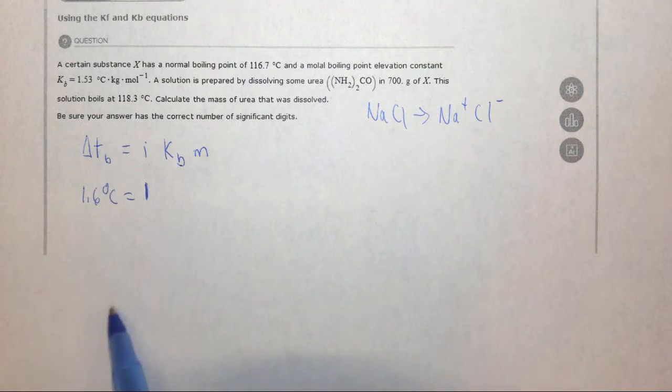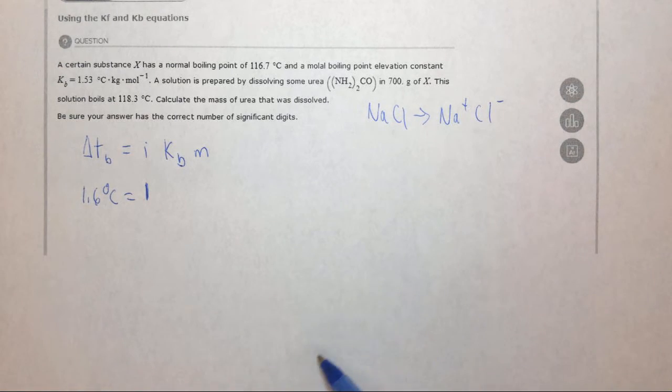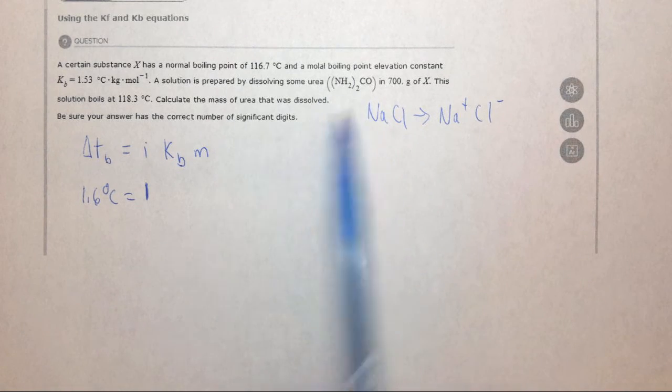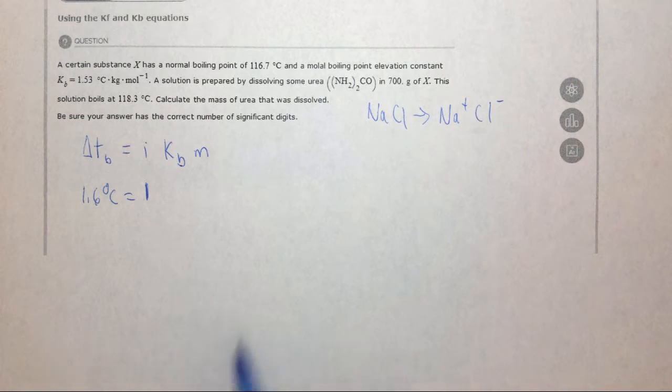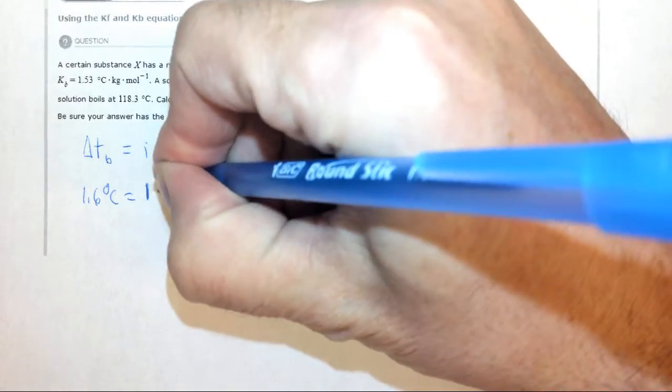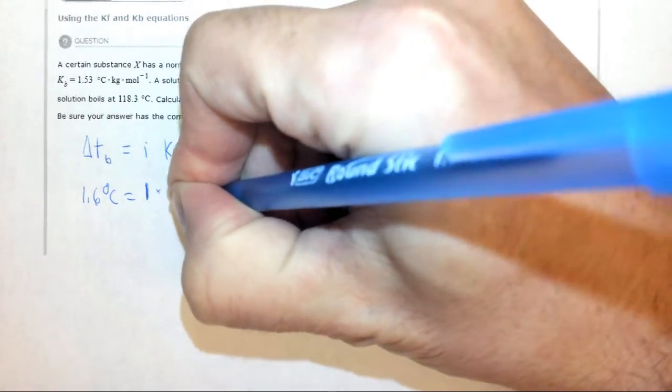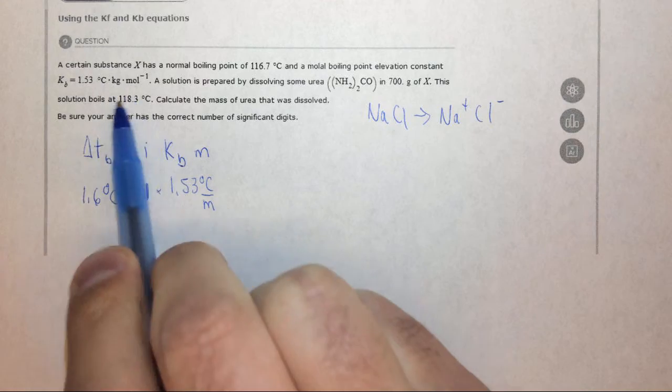Remember that boiling point elevation and freezing point depression are colligative properties, which means they depend on the amount of the things in solution, but not the exact identity. Finally, K_B. K_B is given, and it's 1.53 degrees C per molal.